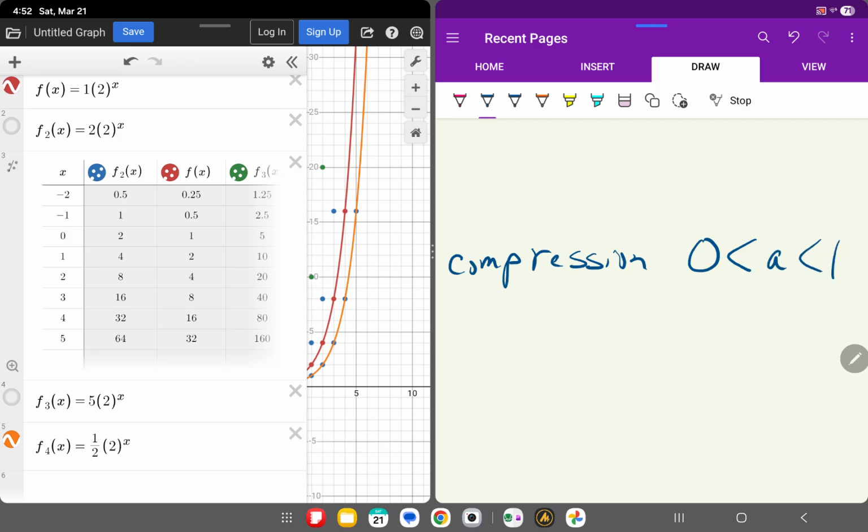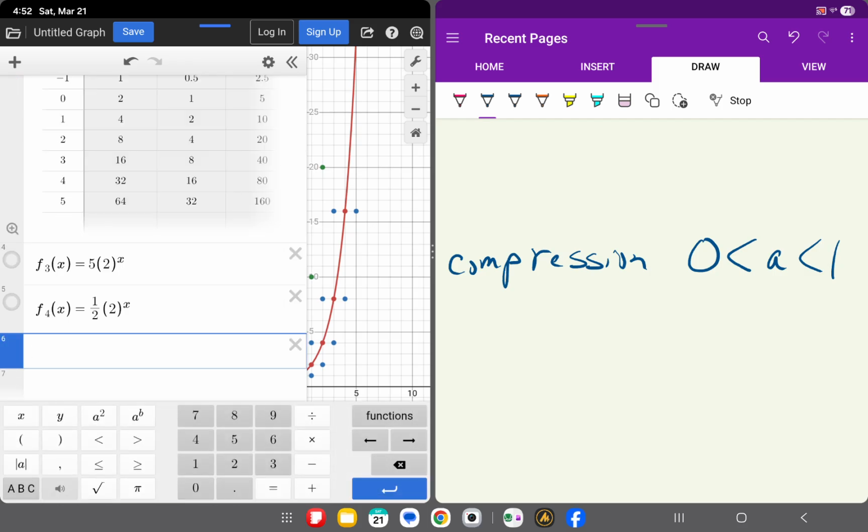Okay, so that is 2 of our scenarios where our value is a positive number and it is greater than 1. It is a positive number and it is between 0 and 1. We cannot use 0 or 1 because otherwise we will not have exponential growth.